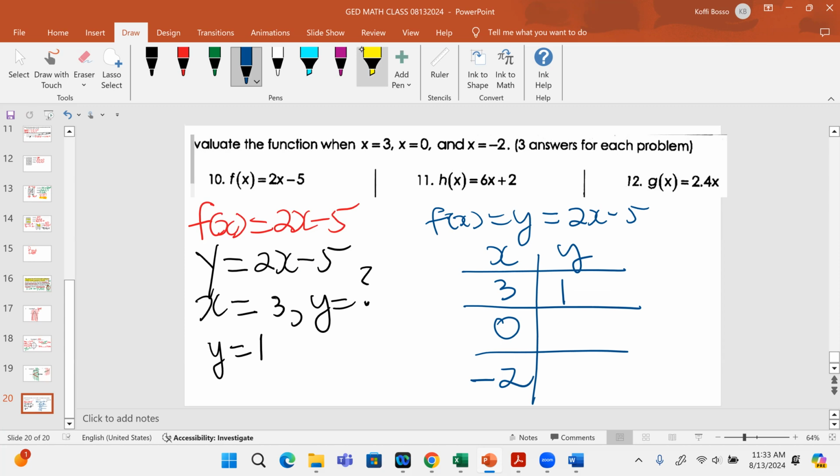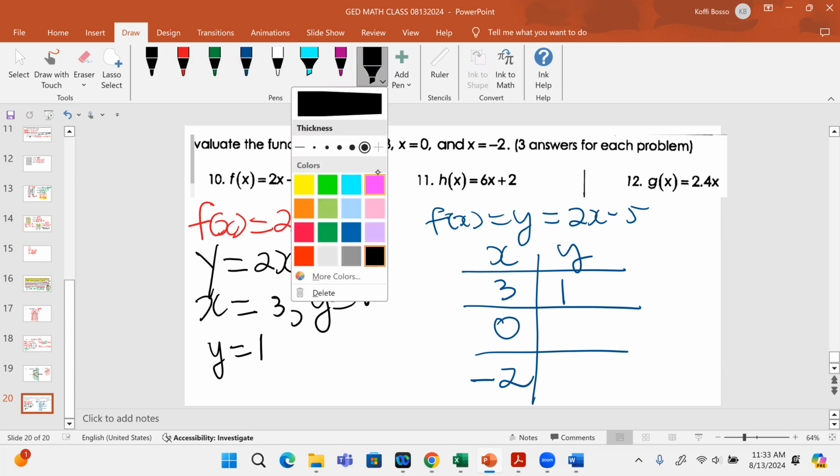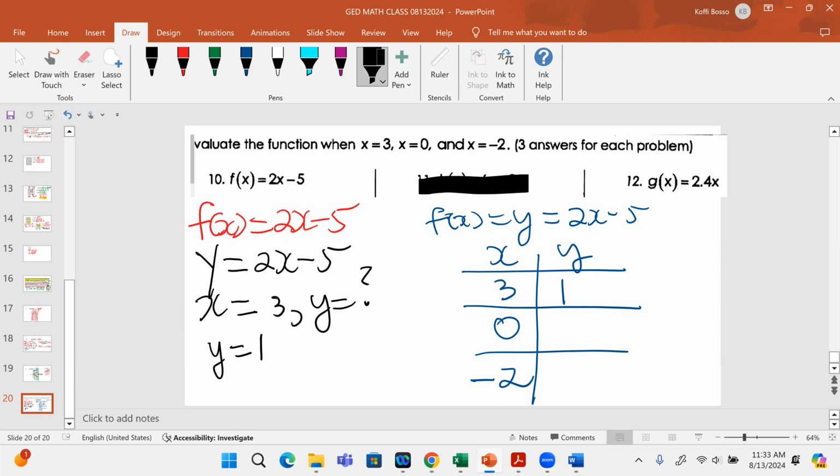I'm solving this for x only for now. Let's remove this and this. So what will be the y value for 0? It's -5.